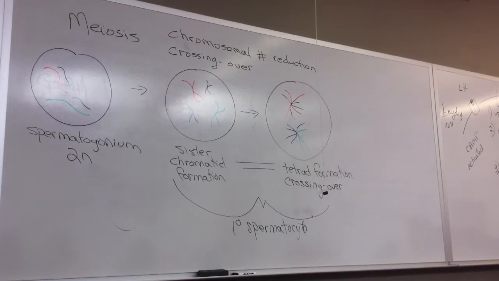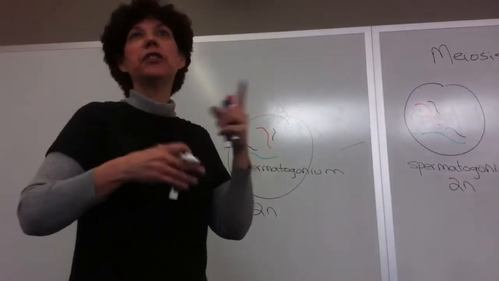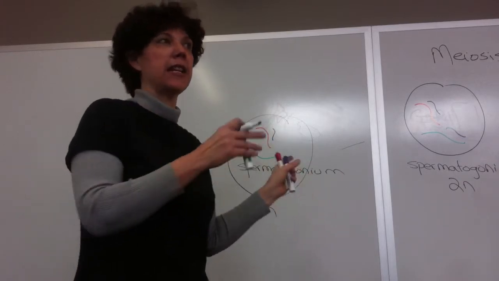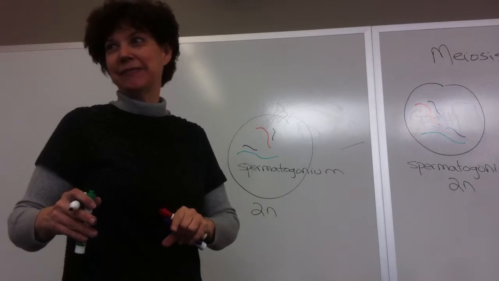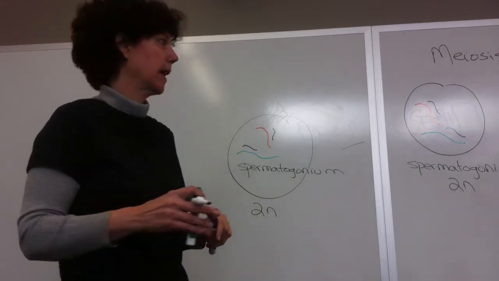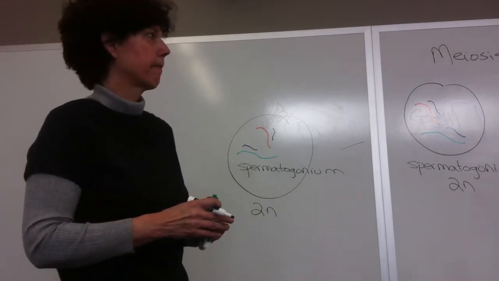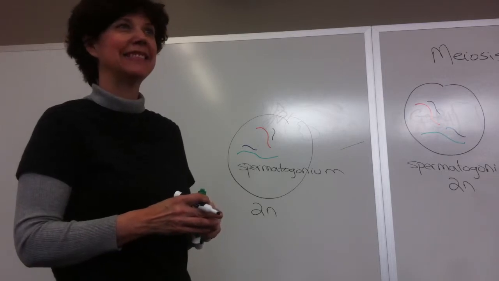Notice that there is no cell division. A spermatogonium becomes a primary spermatocyte. It doesn't divide and form two primary spermatocytes. So it's the internal nuclear changes that differentiate a spermatogonium from a primary spermatocyte. Okay? Everybody with me on that?